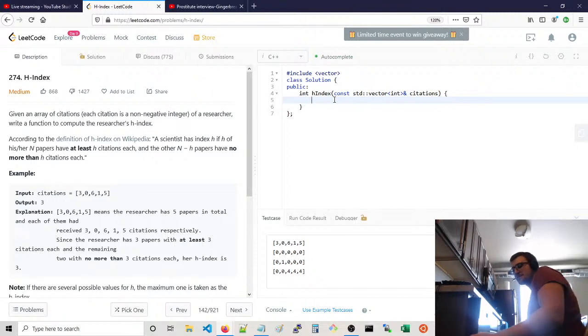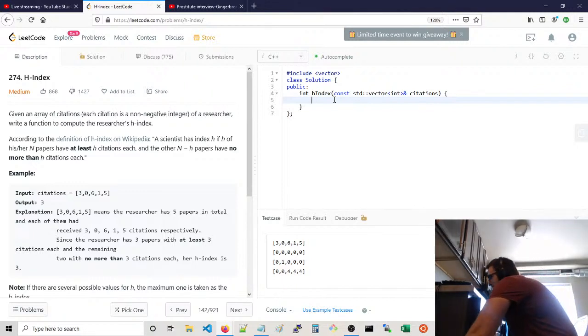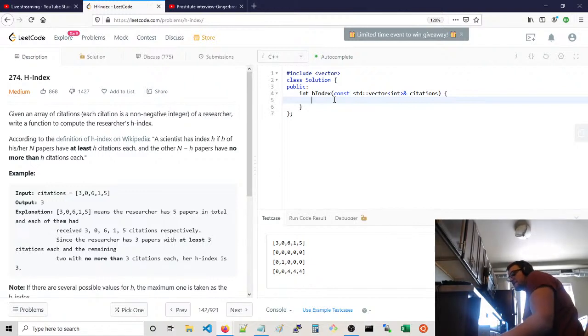You have at least 4 papers with at least 4 citations, even though you have 4 with 6. And then if you had 2 more that were like 8, then you would bump up to 6, because now you have at least 6 that are 6. So pretty interesting question.